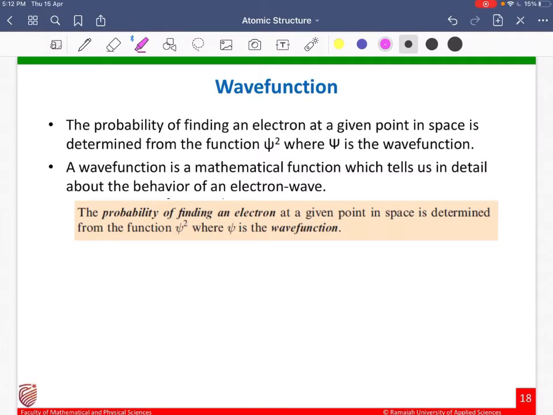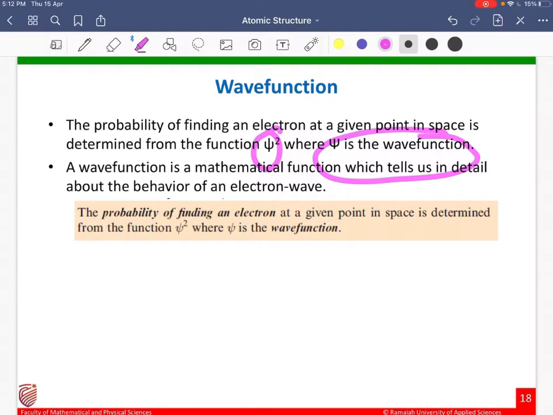We must now think of the electron in a new and different way and consider the probability of finding an electron in a given volume rather than trying to define its exact position and momentum. The probability of finding an electron at a given point in space is determined from the function psi square, where psi is the wave function.